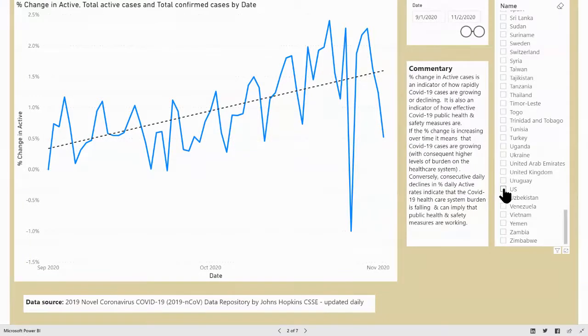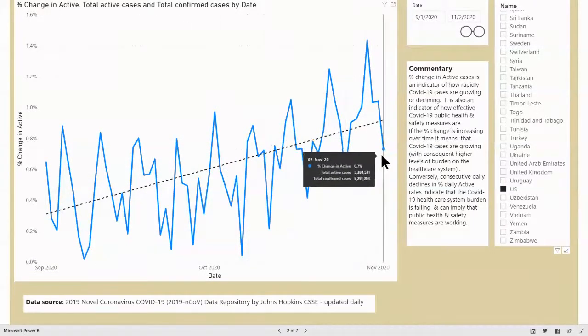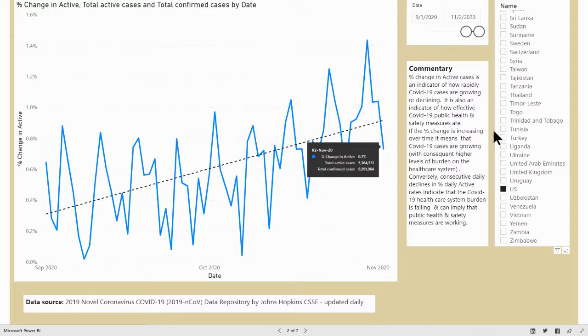If we look at the US, we will notice that there is clearly an upward trend here, and the rate of increase in COVID is still increasing by about 0.7% day over day on November 2nd relative to the 1st.